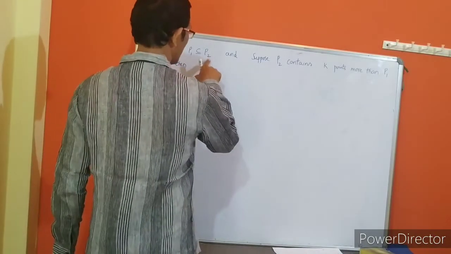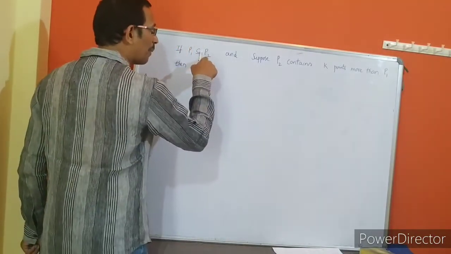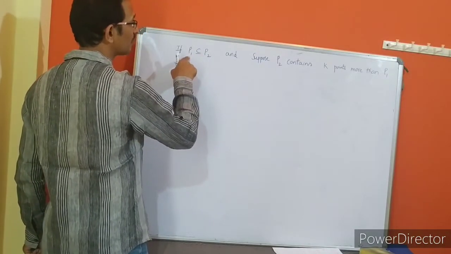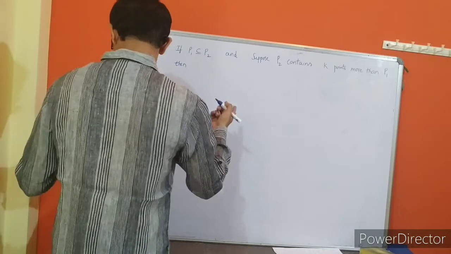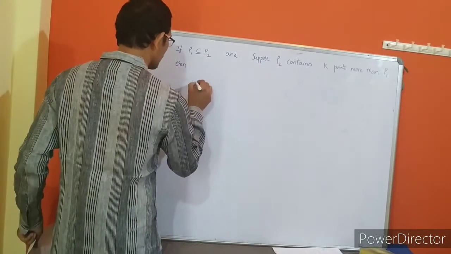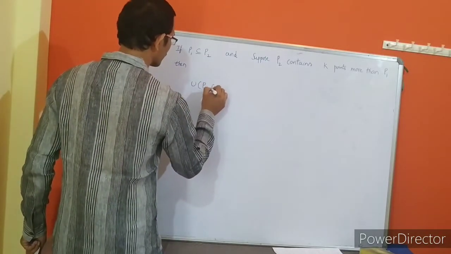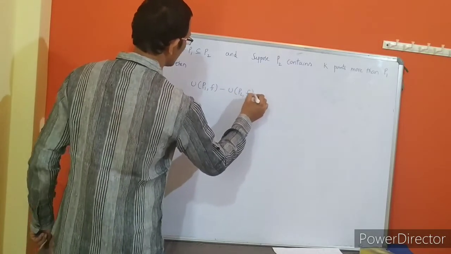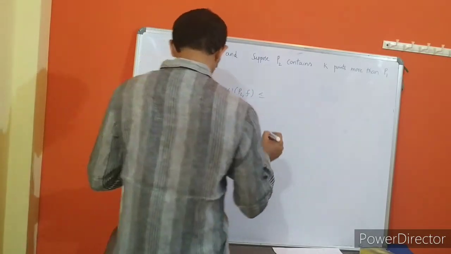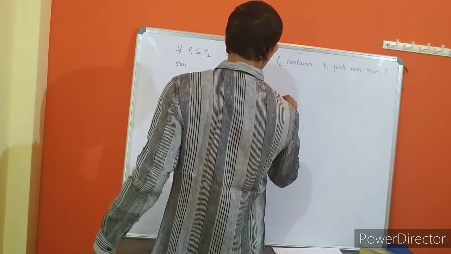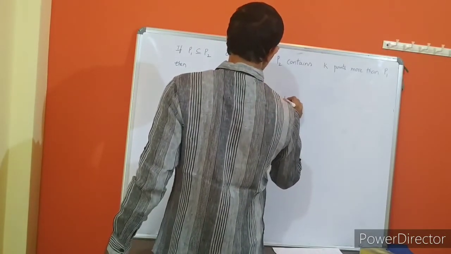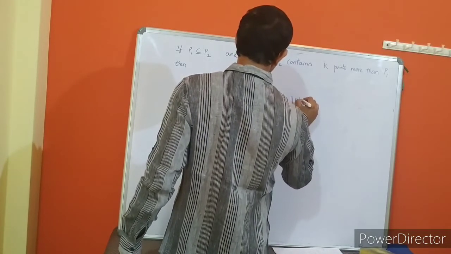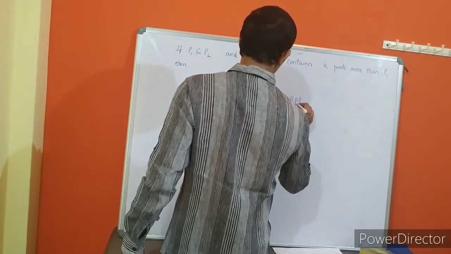Because P2 is a refinement, you know that the upper Riemann sum for P2 is smaller than the upper Riemann sum for P1. So how much smaller? Okay, this is the estimation. See here, UP1F minus UP2F is less than or equal to 2MK into norm P1, for example.